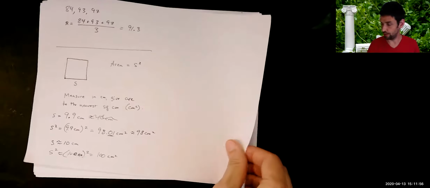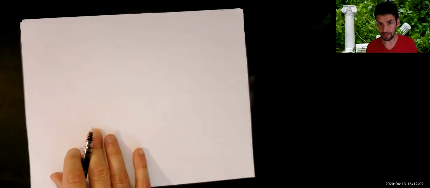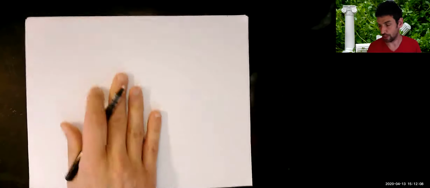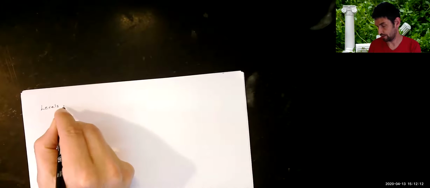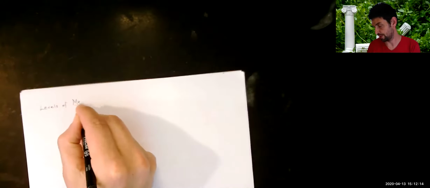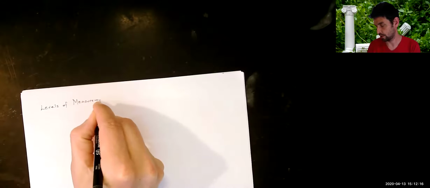The other thing we're going to do for this first half of this section is our last little bit of, not our last vocabulary for the quarter, but we've got one more bit of vocabulary to do here for something called levels of measurement. Right?